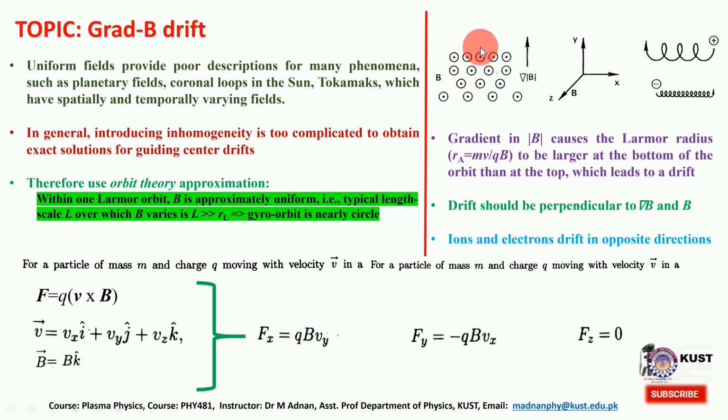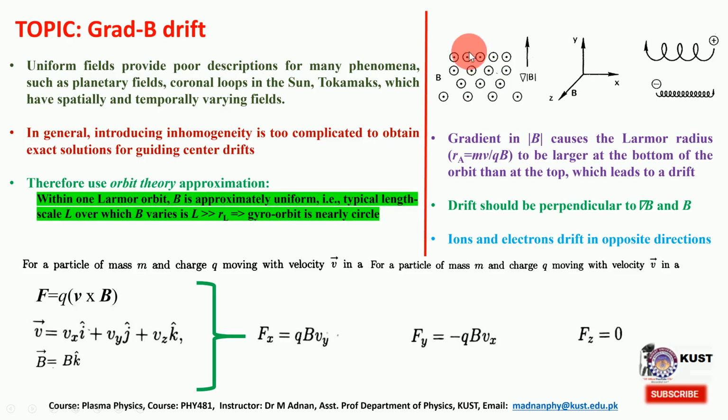So before we move forward to the inhomogeneous situation, let us first have a look at the net force per cycle experienced by the charged particle having no gradients. That is, for the time being, assume that there is no gradient.